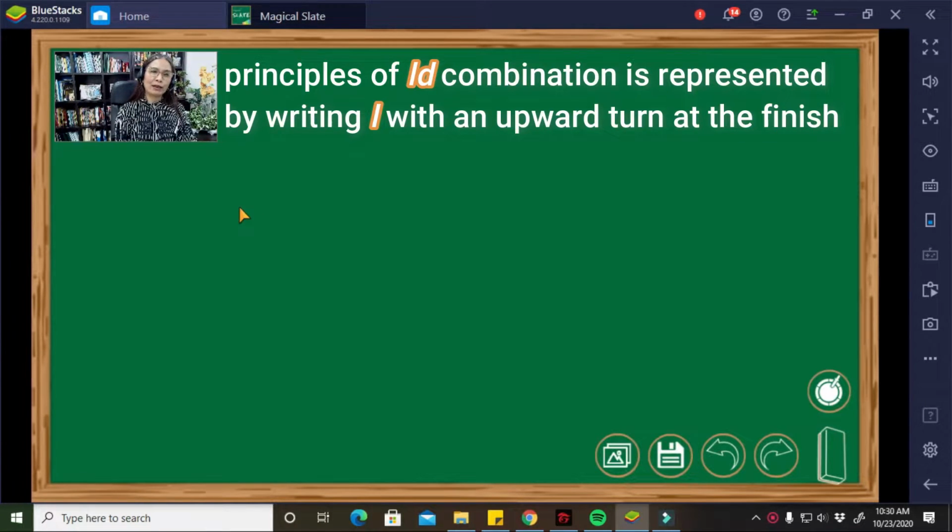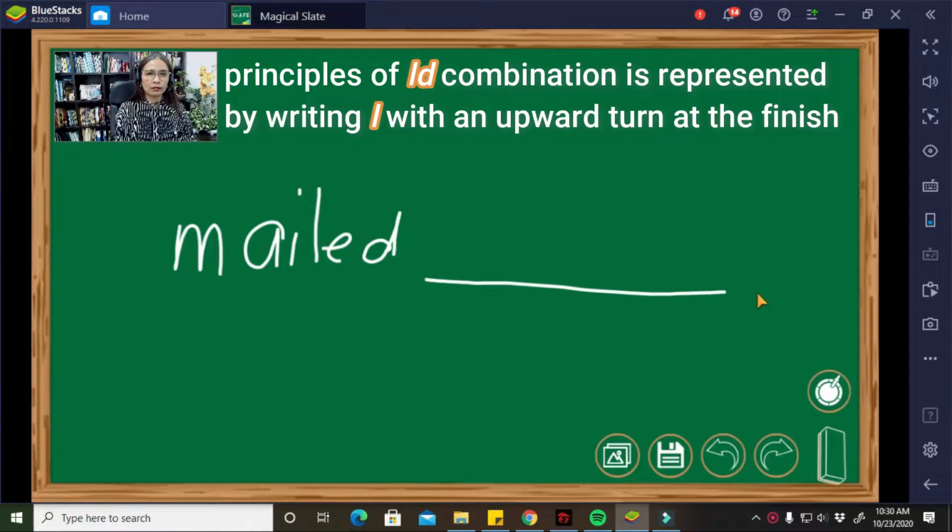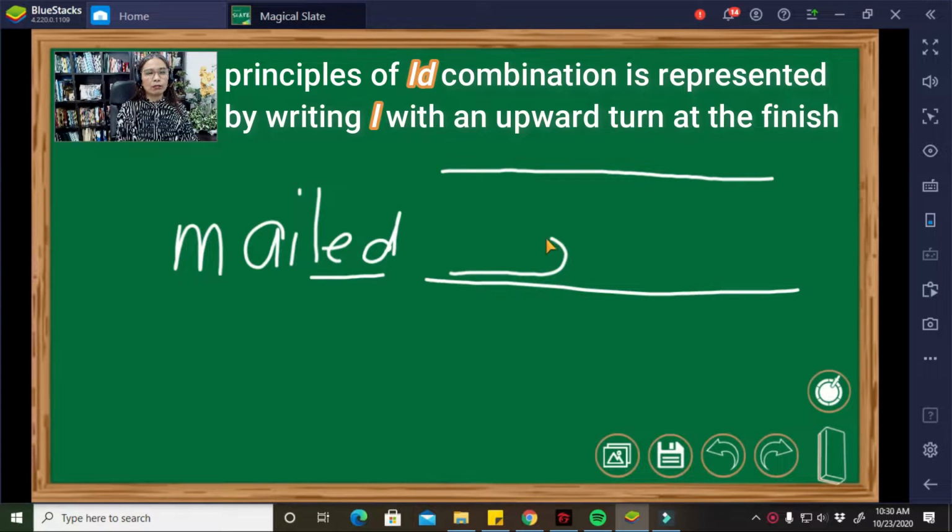The same, we have to turn at the finish. Example here, the word mailed. Make a turn at the finish. That is the rule. Our new lesson is the LD combination. We have the M here in a big circle and the L, and then turn at the finish.